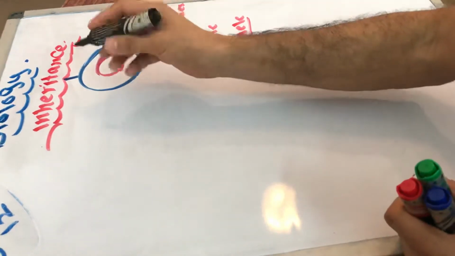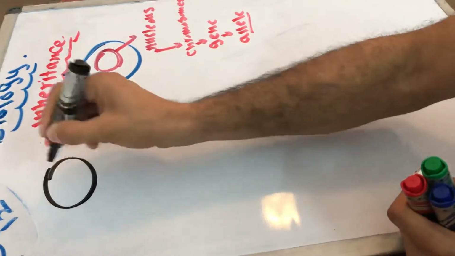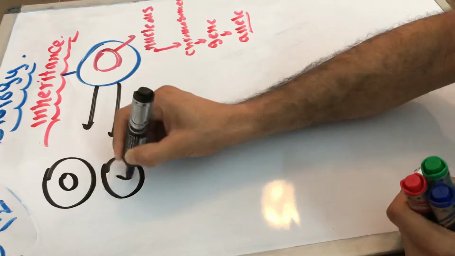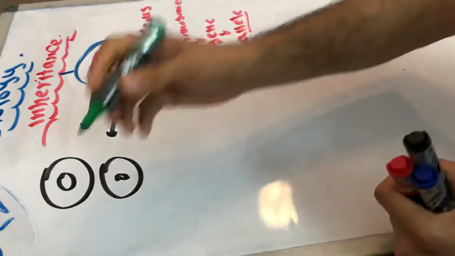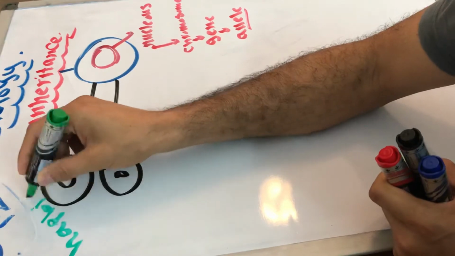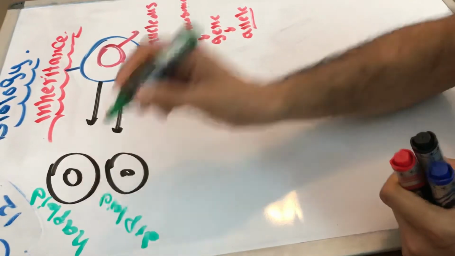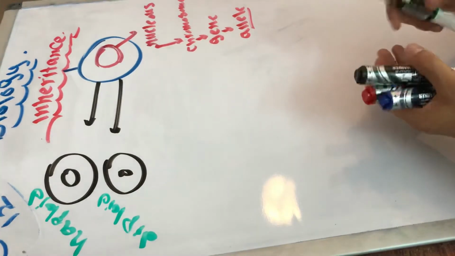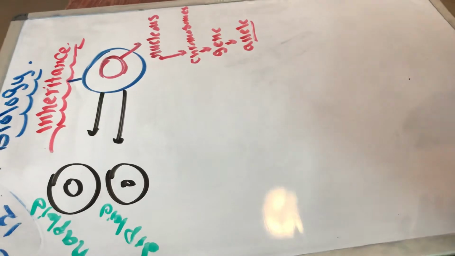There are other kinds of cells. Two kinds of cells that are produced from cell division are called haploid and diploid. Each one has one feature.